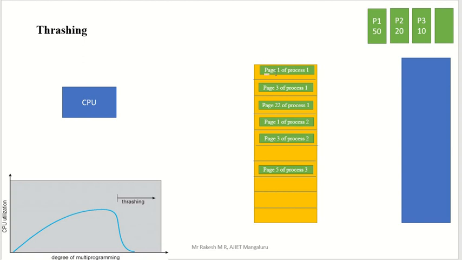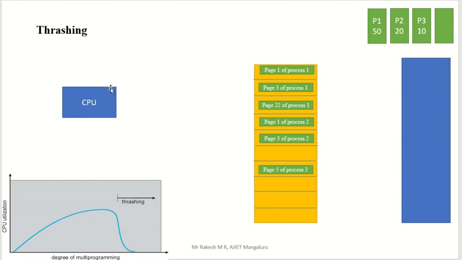Yes, the frame number entry is there. So it goes to the page frame and takes the page into the CPU. Is page 2 of process 1 in main memory? No. So in the page table it is also blank. Page 3 is there. Page 4 no. Page 5 is not there. Page 6 is not there.